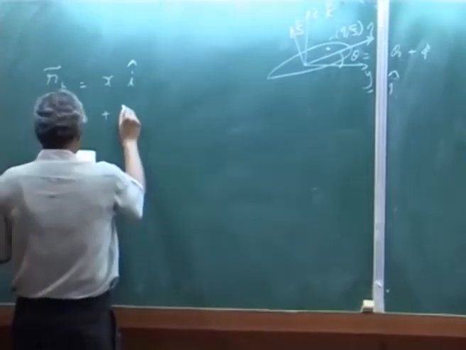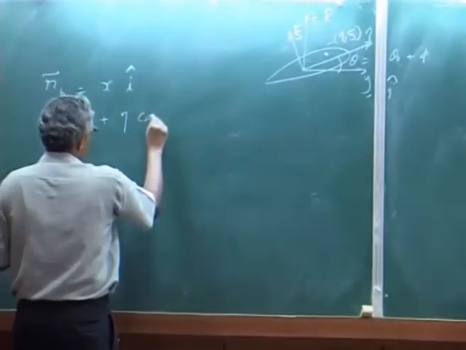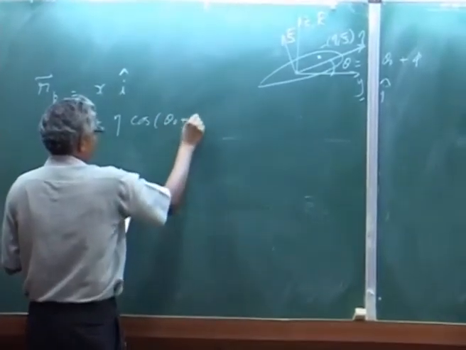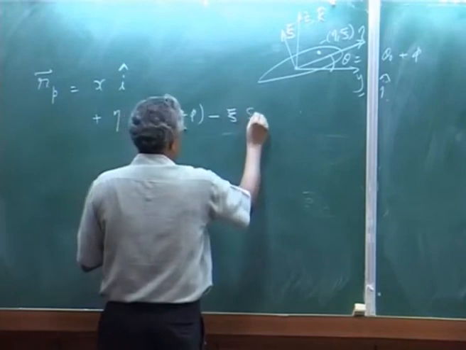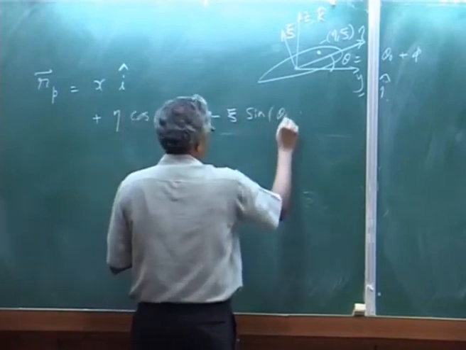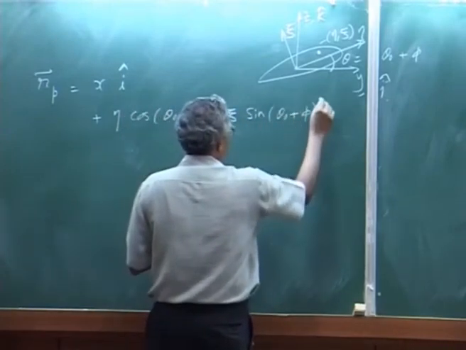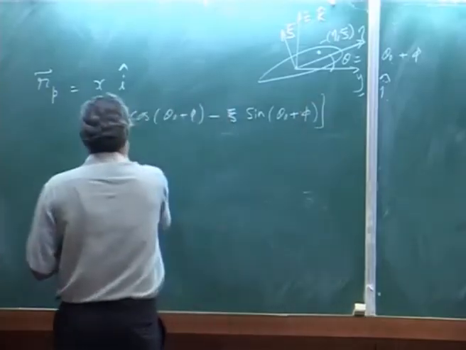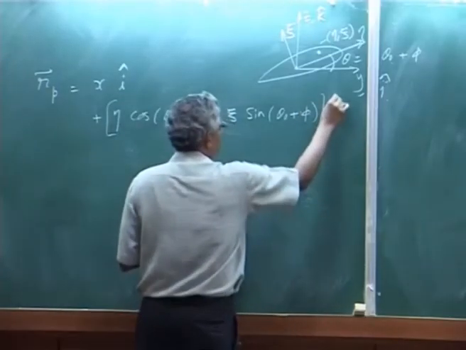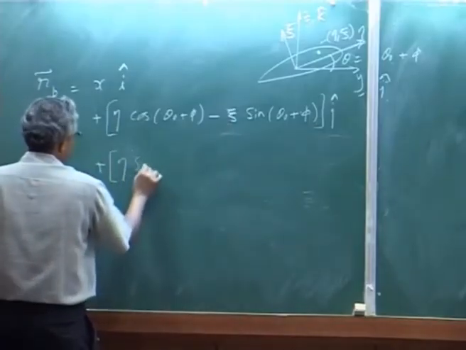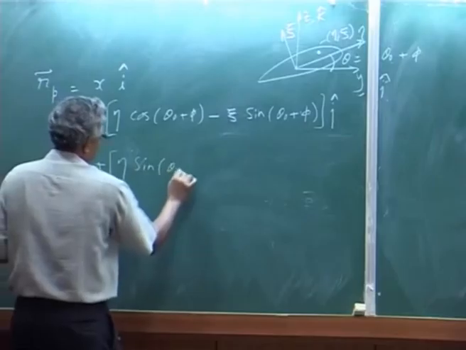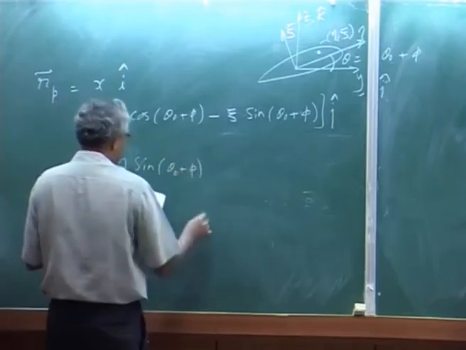You will have plus eta cosine(theta naught plus phi) minus xi sine(theta naught plus phi), this is j, and then plus eta sine(theta naught plus phi) plus xi cosine(theta naught plus phi), this is k. It is just a simple coordinate transformation.